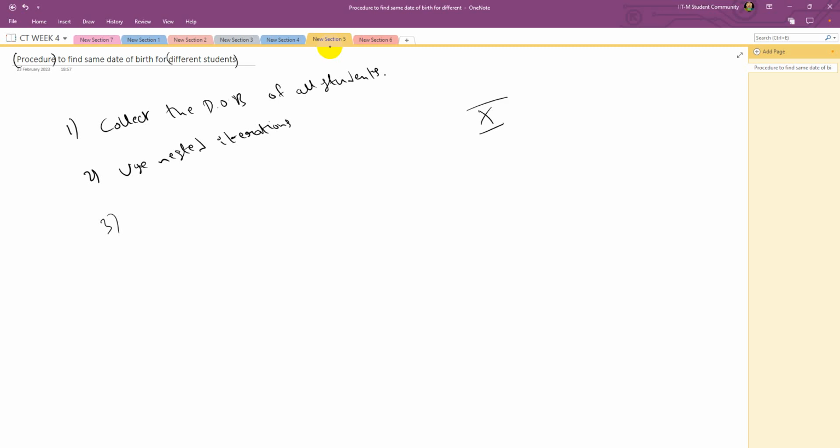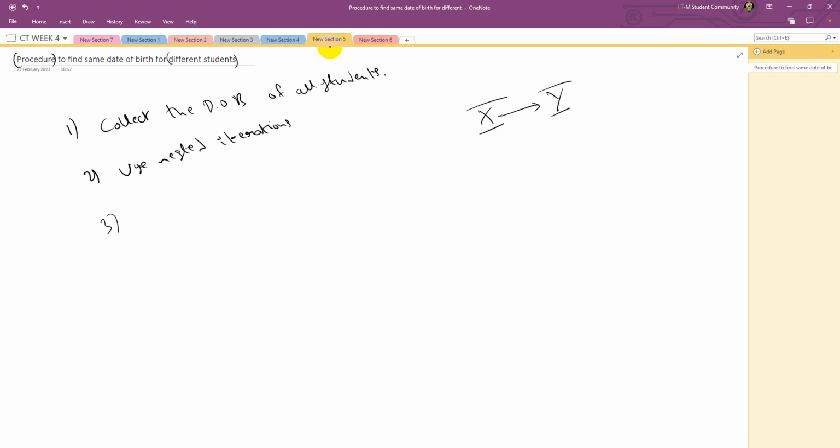Consider that the card number X is picked, and it will be in the outer loop, right? What I'm telling is that within the inner loop, compare the date of birth of the current student with the date of the student who is currently picked up.